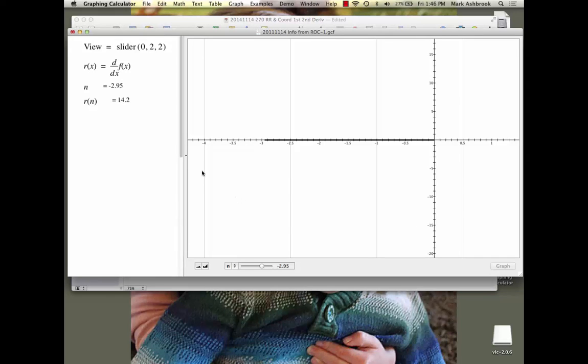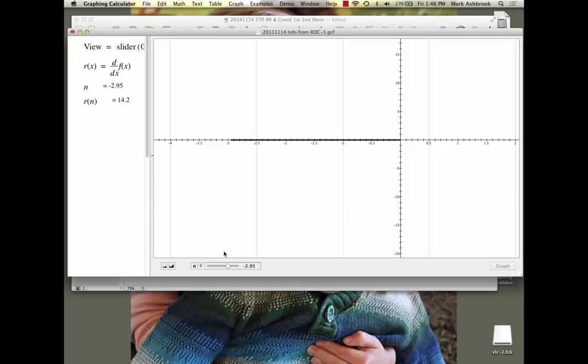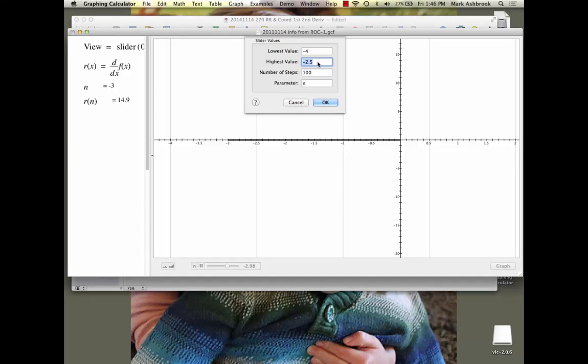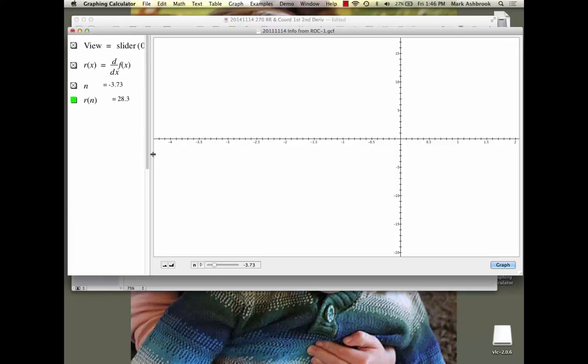So I have this. Let's go to 2. So what I'm showing here is, f is some accumulation function, and r is the rate of change of that accumulation function, and n is the current value of x.